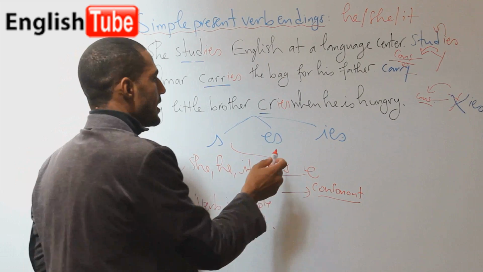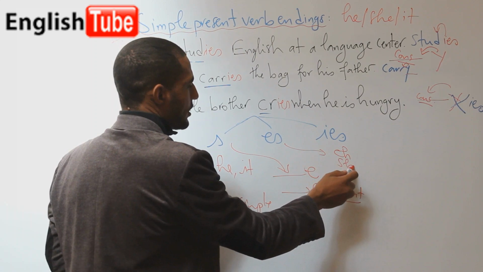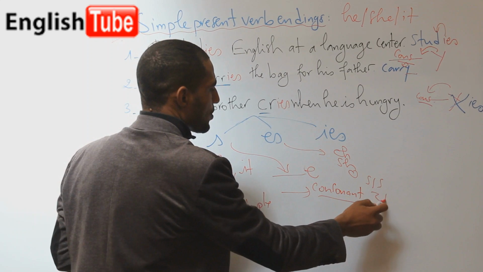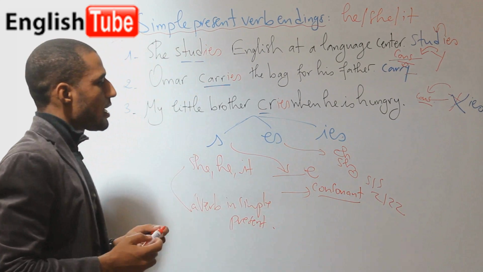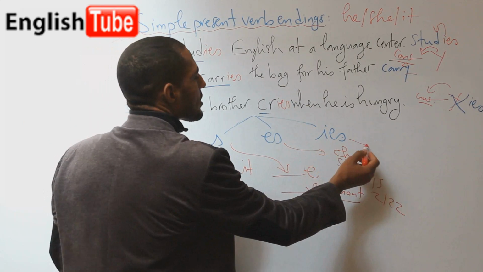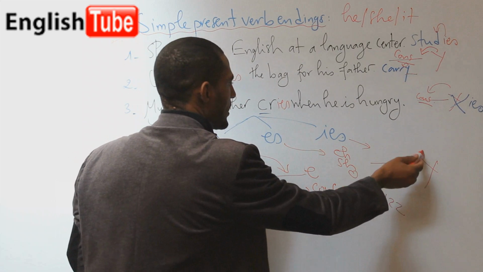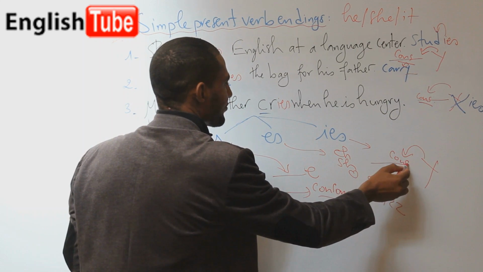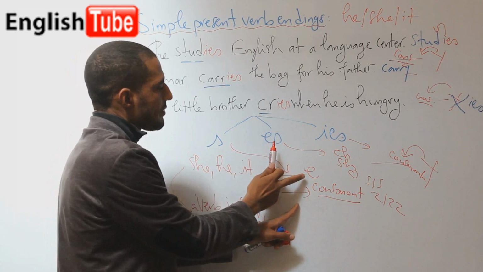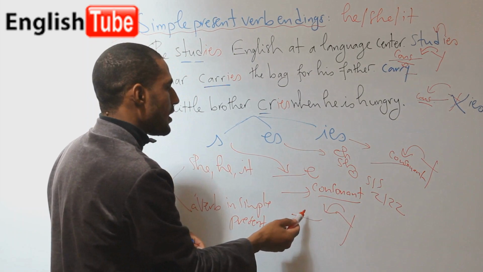We add ES when the verb ends in CH, SH, O, S, double S, Z or double Z. In these situations, we add ES at the end of the verb. And IES, we have one case: when the verb ends in Y preceded by a consonant. There is a third case for the addition of S at the end: when the verb ends in Y but in this case preceded by a vowel.